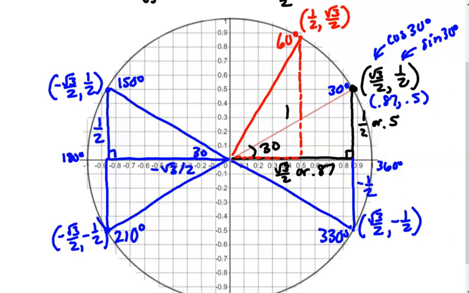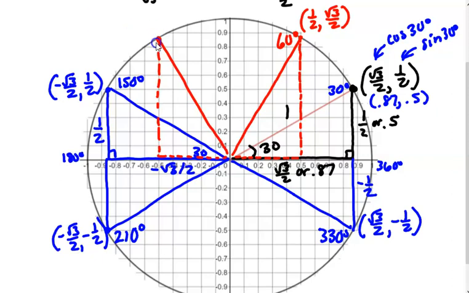So we can do the same thing in the other quadrants as we did with the 30. All I have to do is reflect this over into quadrant 2 and change the x-coordinate to be a negative x-coordinate instead of positive. The y-coordinate stays the same. So if I go negative 0.5 in the x direction and then go up, I would end up right here. There would be my 60-degree reference angle.